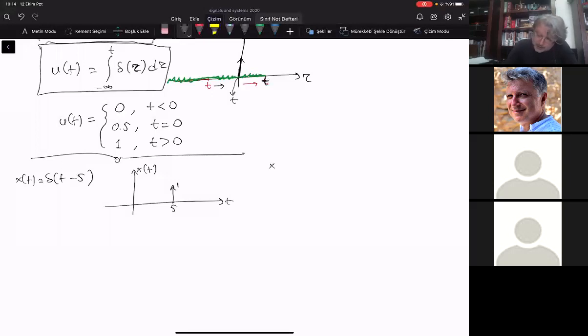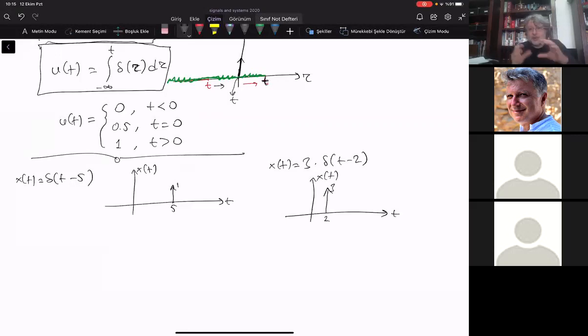And if x of t is equal to, let's say, 3 times delta t minus 2, for instance, then the way to plot x of t is, at 2, we will draw a taller impulse whose value is 3 this time at 2. This is x of t.